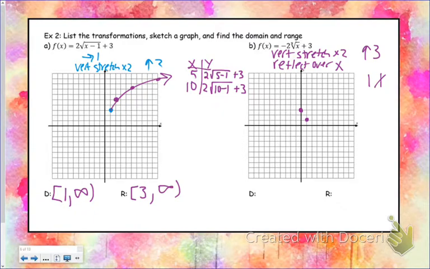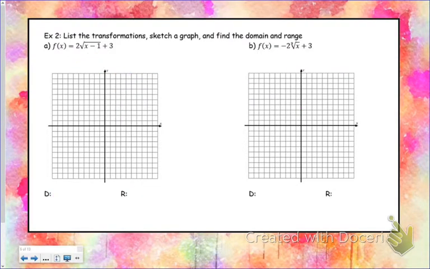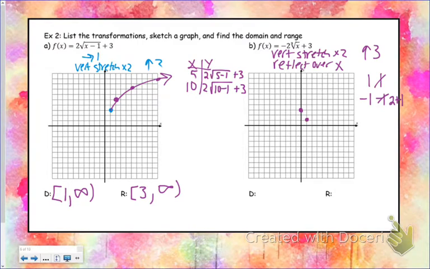Then if I did, let's say, negative 1, typically goes through negative 1. I would multiply by negative 2, and I'm adding 3, which puts me at negative 1, 5.